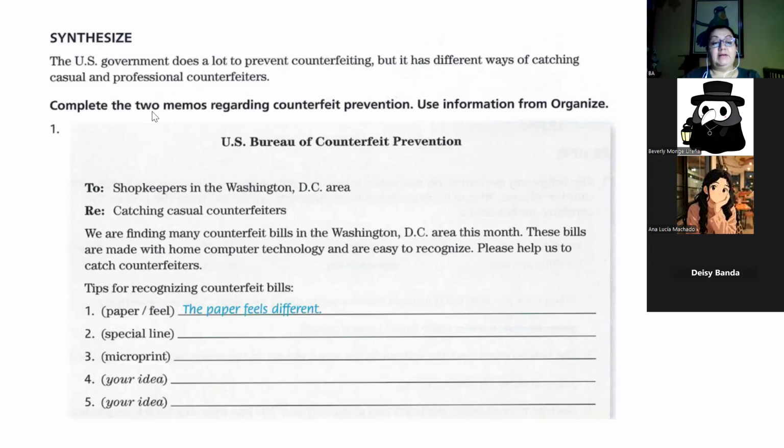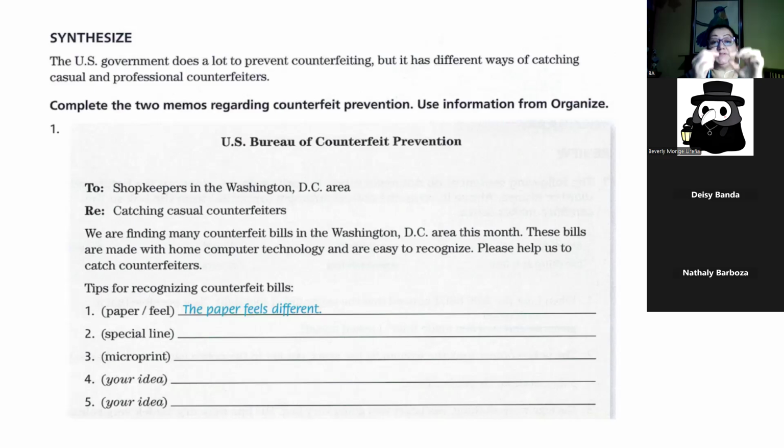We are going to write the synthesis of the story, okay? So, for recognizing the counterfeit bills, what about the paper and the feel? We say the paper feels different, okay? What about the special lines? Can you tell me a sentence about the special line on the bill?